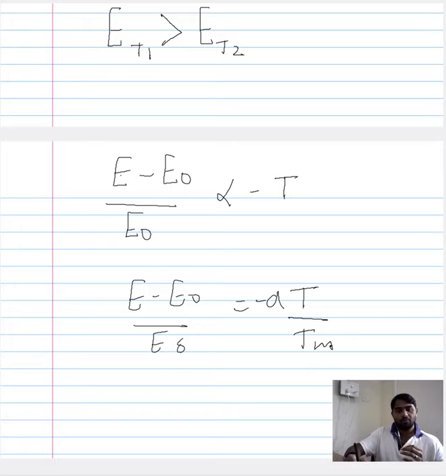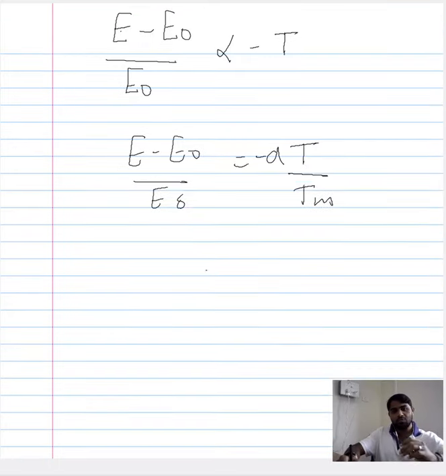So we now have an expression for the Young's modulus at a particular temperature with respect to the Young's modulus at absolute zero, related to a specific temperature T with reference to the melting point. When you rewrite this expression, you ultimately end up with something like this.